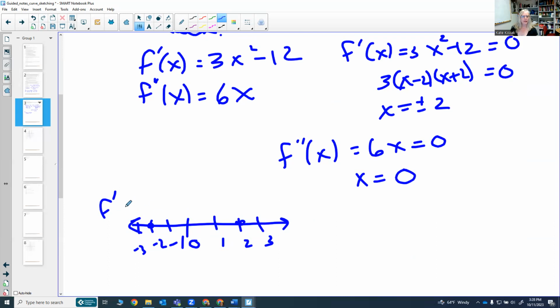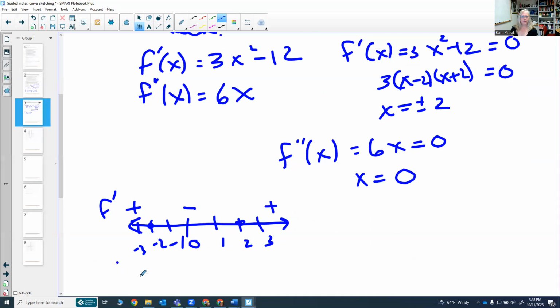For below negative 2, when I plug a number less than negative 2 into my derivative, like say negative 3, I would get a positive number. If I put a number between negative 2 and 2, such as 0, into my derivative, I would get a negative. And if I put a number greater than 2 into my derivative, I would get a positive.